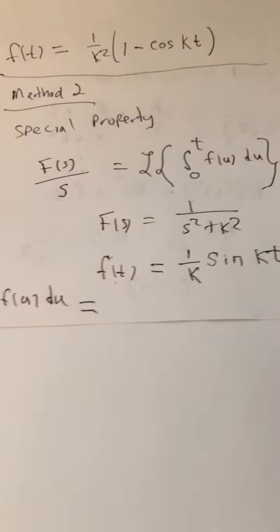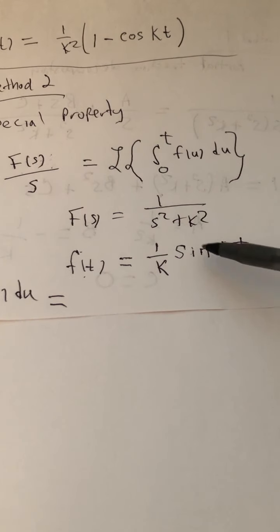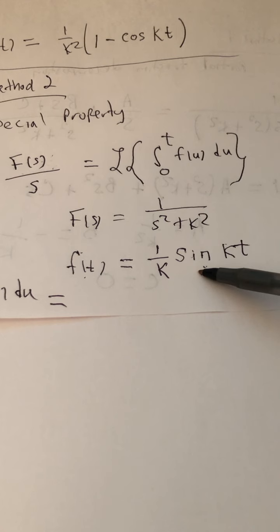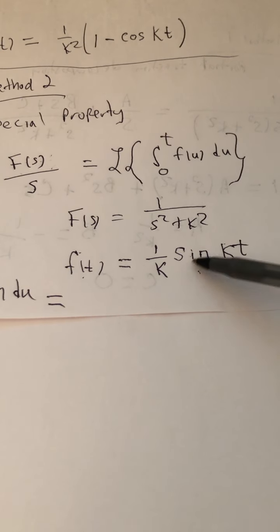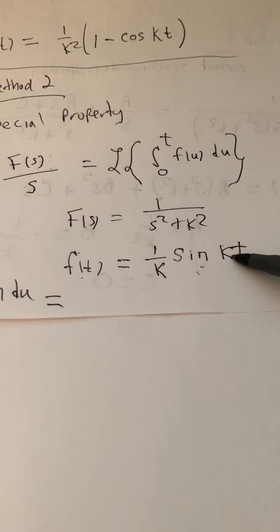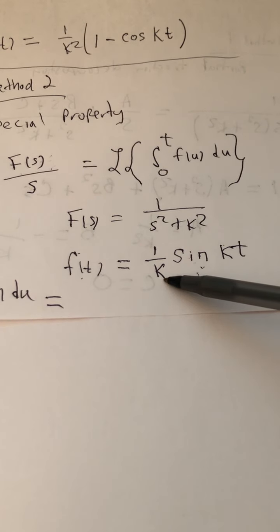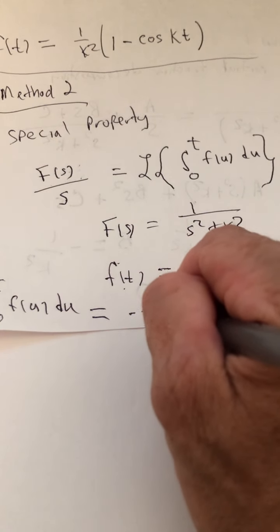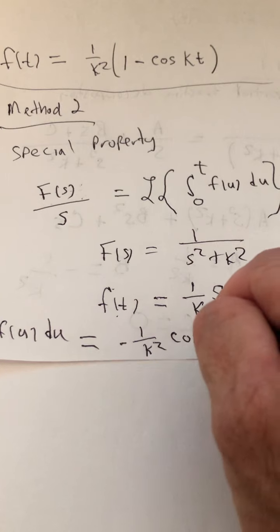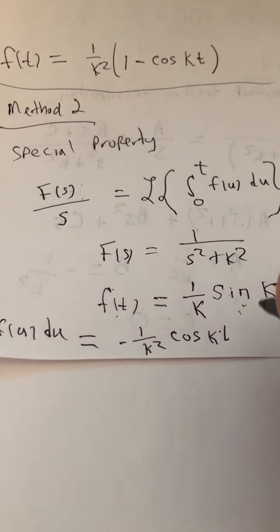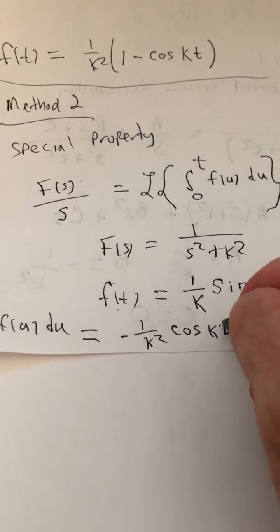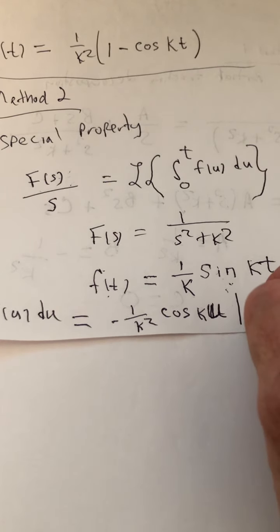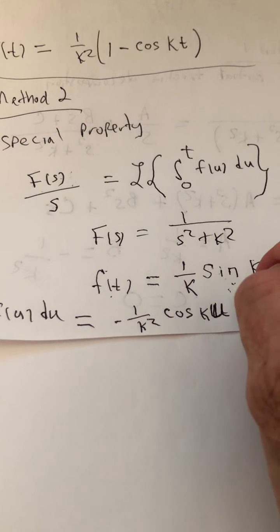If we were to integrate, what's going to happen? The antiderivative of sine is negative cosine. And when we integrate, we're going to get another factor of k in the denominator. So what I actually have is negative 1 over k squared times cosine of ku, and then u goes from 0 to t.